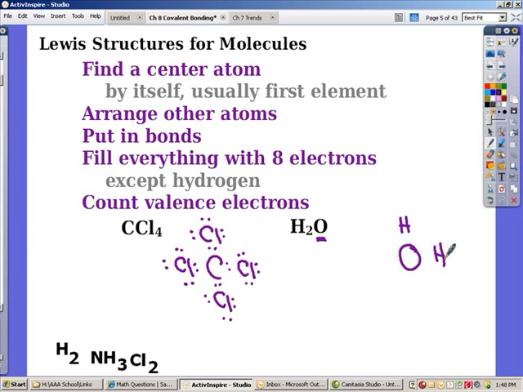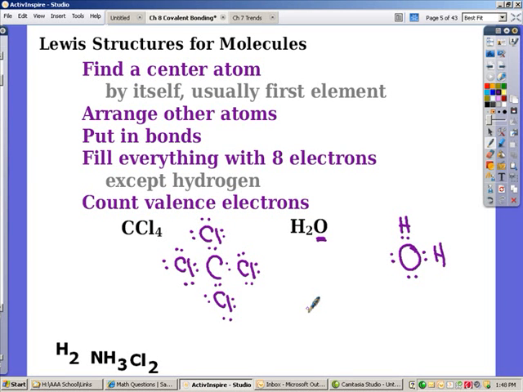We're going to study more about that when I talk about shapes, and see why I actually put those hydrogens in that position. If you put them in a different position, let's say across from each other, no problem at this point. But later we may learn additional information that will help us out.